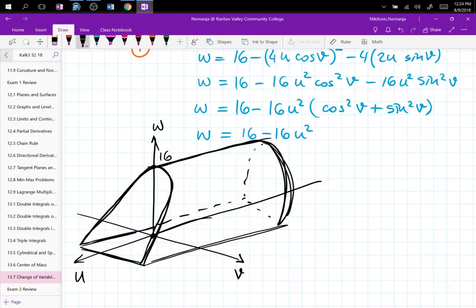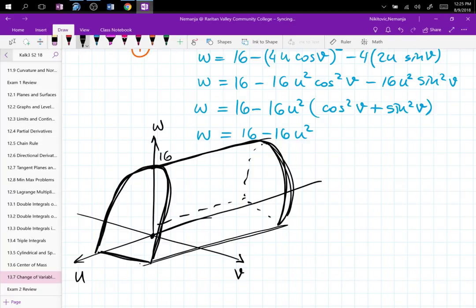This is a terrible drawing because it shouldn't curve that way, but I don't know. Maybe it's a little bit better this way. Yeah, this is still bad. It has to pass on U right there, like this, and then go through 16.